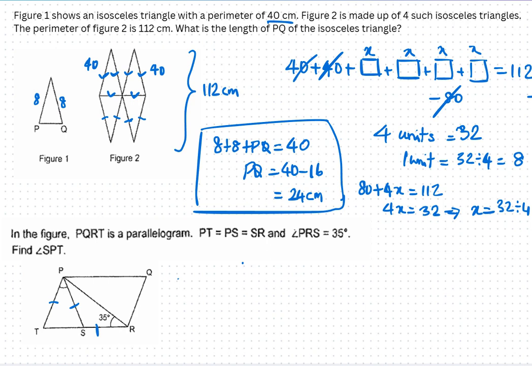Now, PS and SR are equal, which means triangle PSR is an isosceles triangle. What does that tell us? In an isosceles triangle, angles opposite to equal sides are equal, so if this is 35, this is 35.